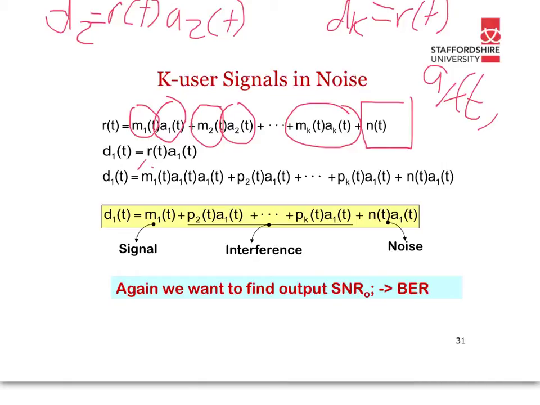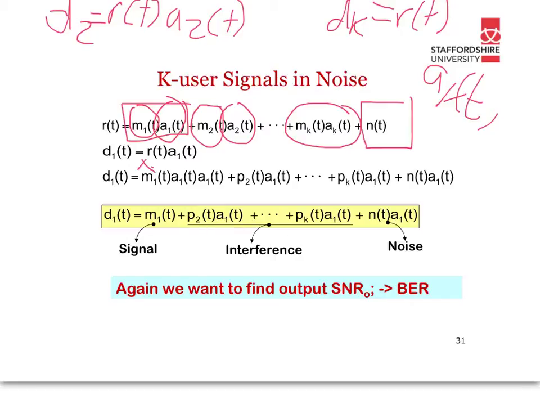But for our user 1, the received signal D1 is approximately M1 times A1 times the other A1, because R is this times A1.